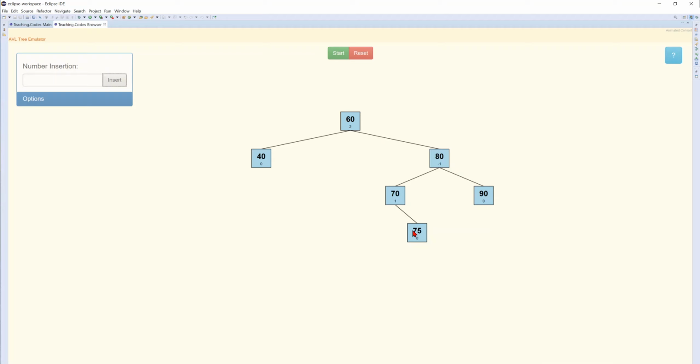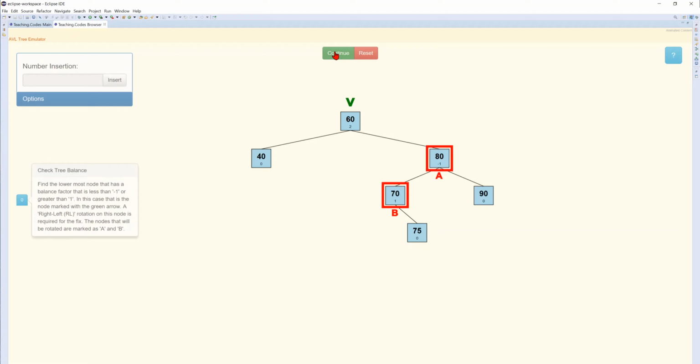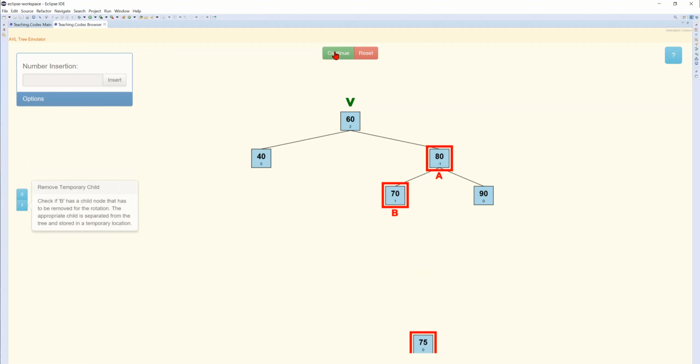So the first thing I'm going to do is rotate here towards the right in this axis, rotate 70 around 80 so that I put the load on the outer right column. Okay. So we first rotate 70 around 80. So 90 and 80 will go down. 70 will go up. But 75 first has to be detached.